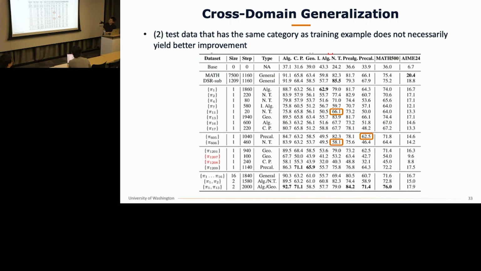It's quite example specific. It's not like any geometry question is better than a number theory question for improving number theory. So that's another finding. Again, we don't have answers for it, but it's quite a general phenomenon here.